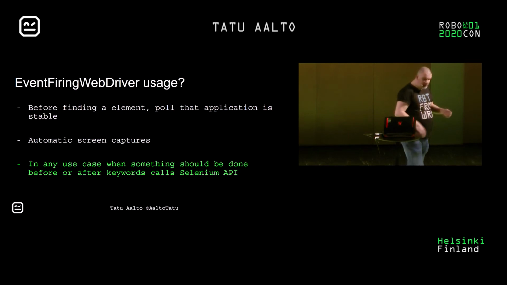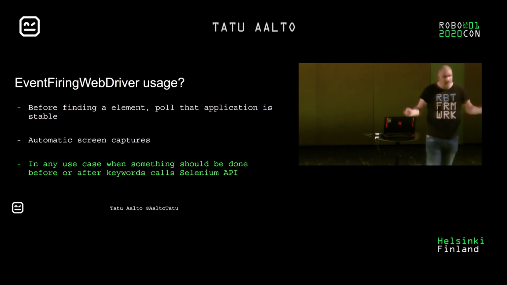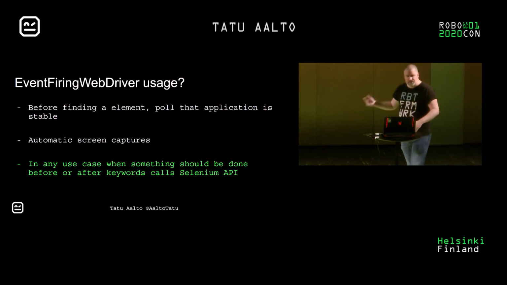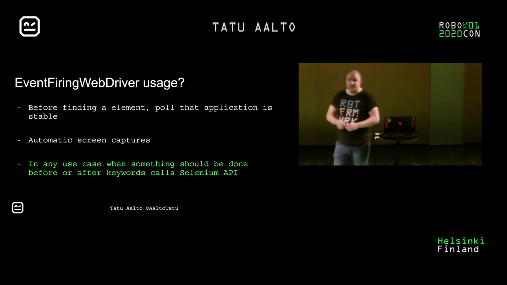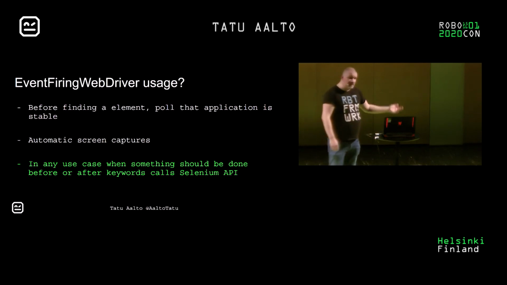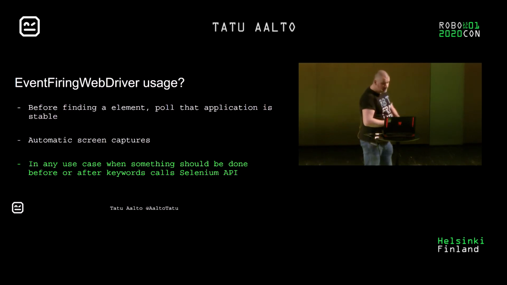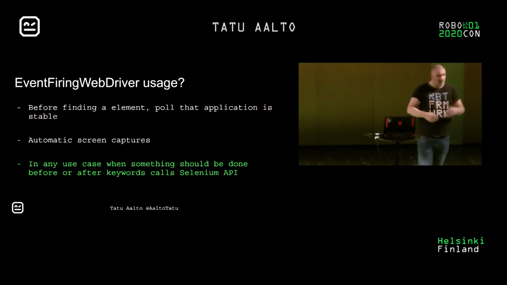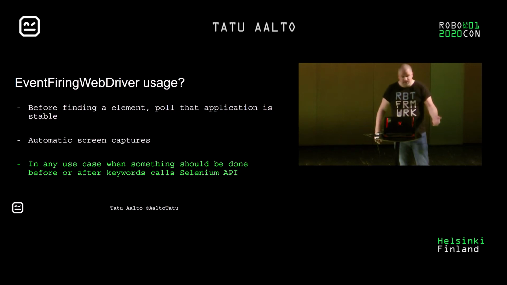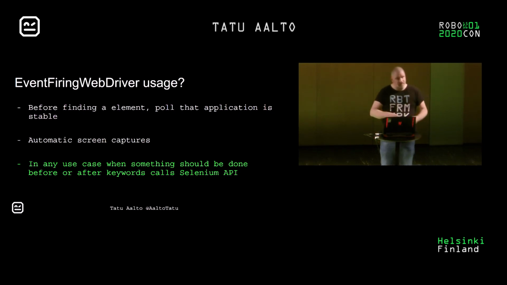It's a little bit out there, but it's good for anything that you want to do automatically before a keyword calls your Selenium API. Finding an element, doing an interaction, whatever you want. Something that you want to do automatically, and something that perhaps you don't want to be visible at the test case level, because the waiting and clicking is not actually interesting for the user.